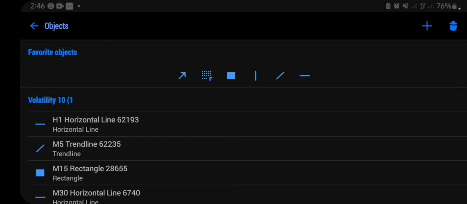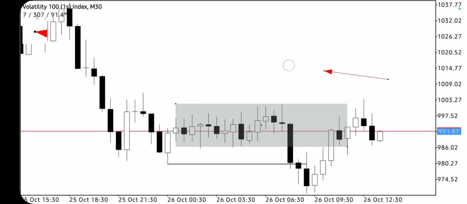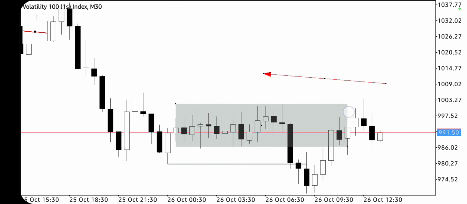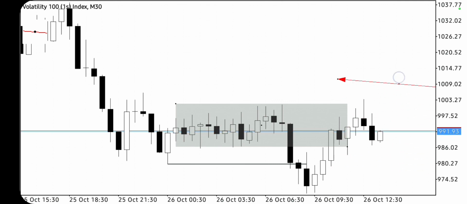So we have a break of supply zone already. Since we have a break of supply zone already, what we're looking out for next is a demand zone continuing to another supply zone over here, that can be used to continue the sell momentum.